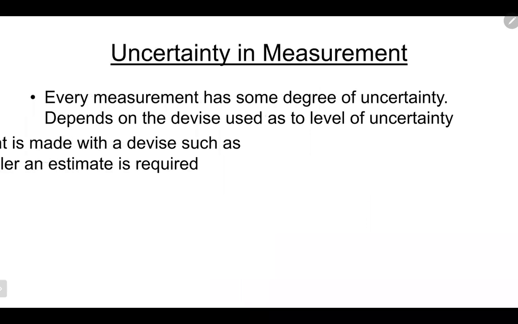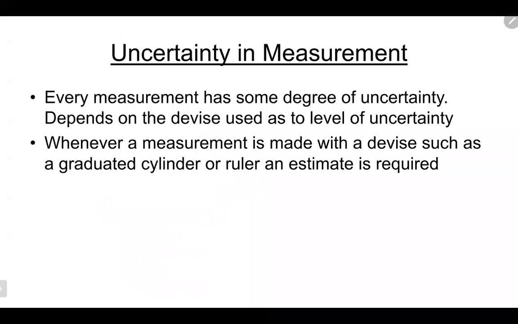So what we're going to talk about now is actually taking measurements and knowing how far we should take a measurement. And when we do take measurements, regardless of what type of measurement it is, there's always going to be some degree of uncertainty in the measurement. And the degree of uncertainty really will lie with the type of equipment that you're using.